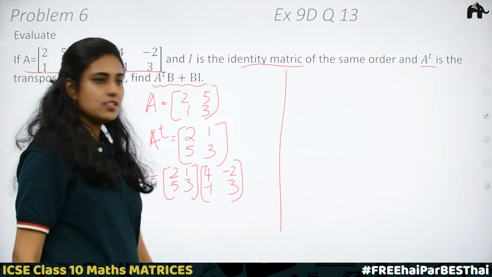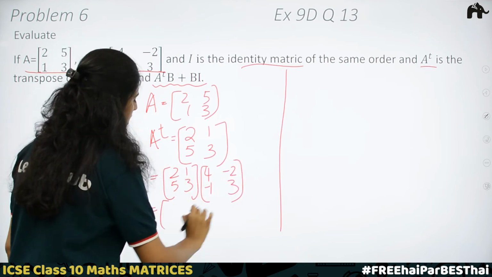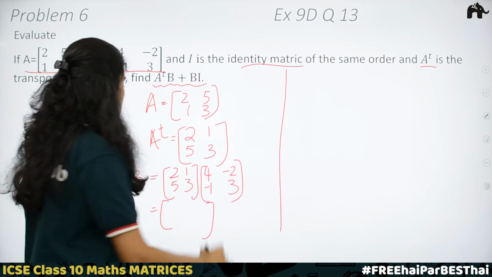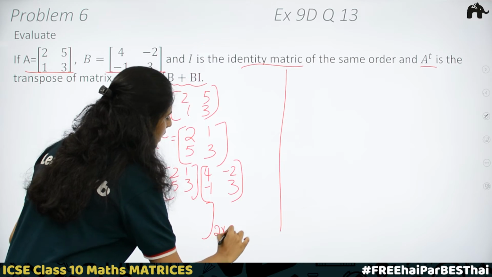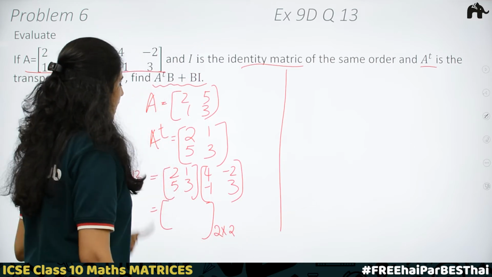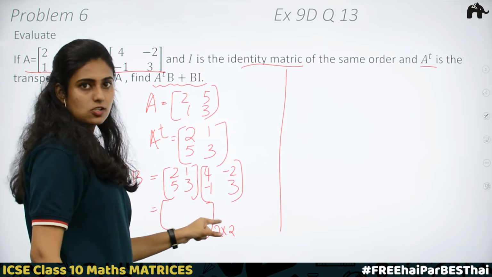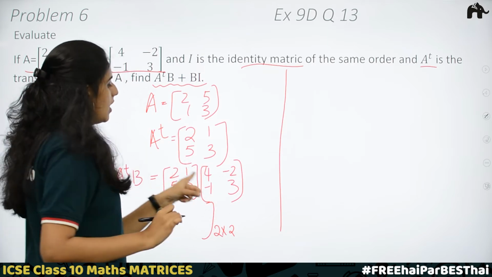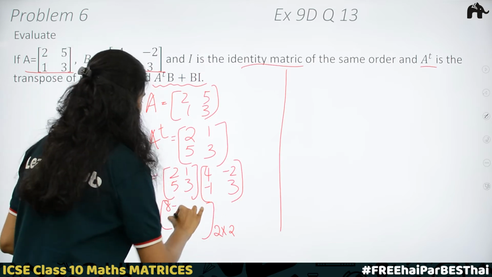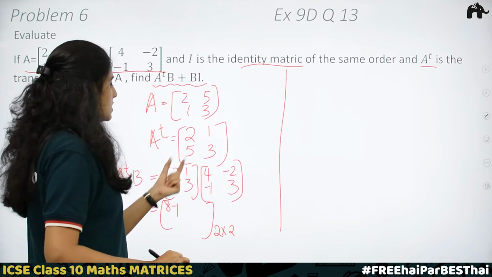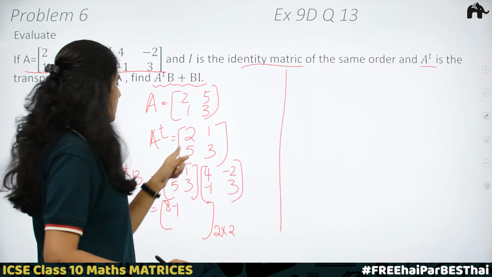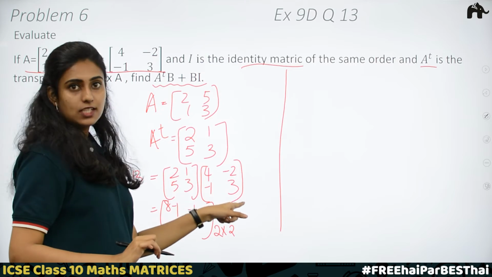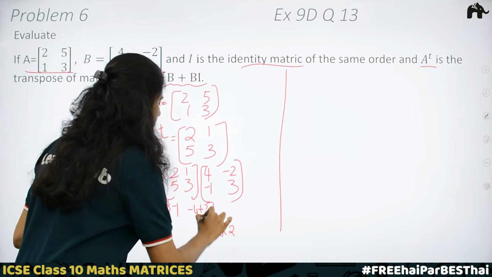Now we can perform the normal matrix multiplication. This is a 2 by 2 matrix, this is also a 2 by 2 matrix, so the product will also be a 2 by 2 matrix. Now check the elements. First row, first column: 2 into 4, 8; 1 into minus 1, minus 1. Next element, first row, second column: 2 into minus 2, minus 4; 1 into 3, plus 3.